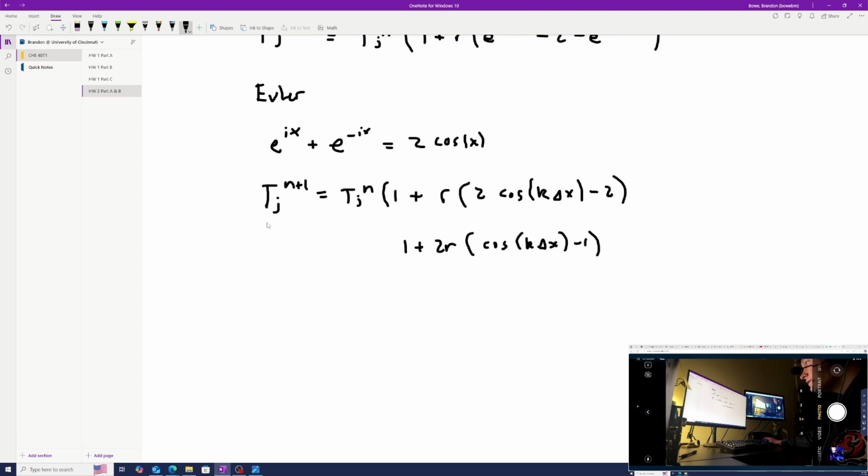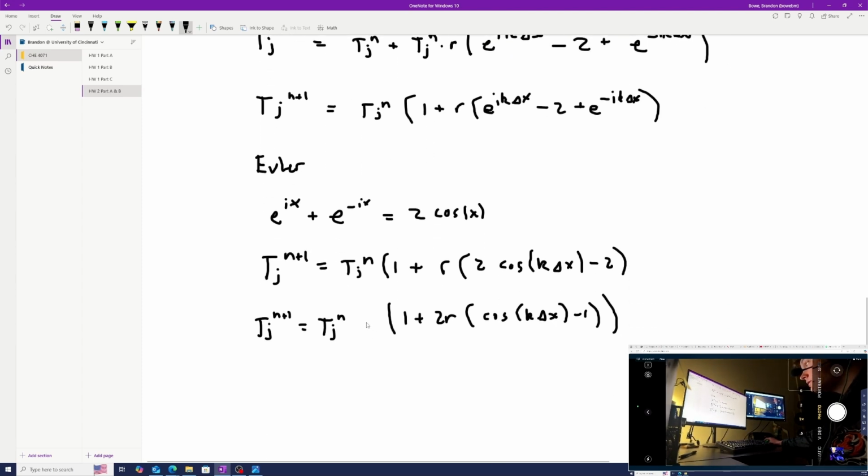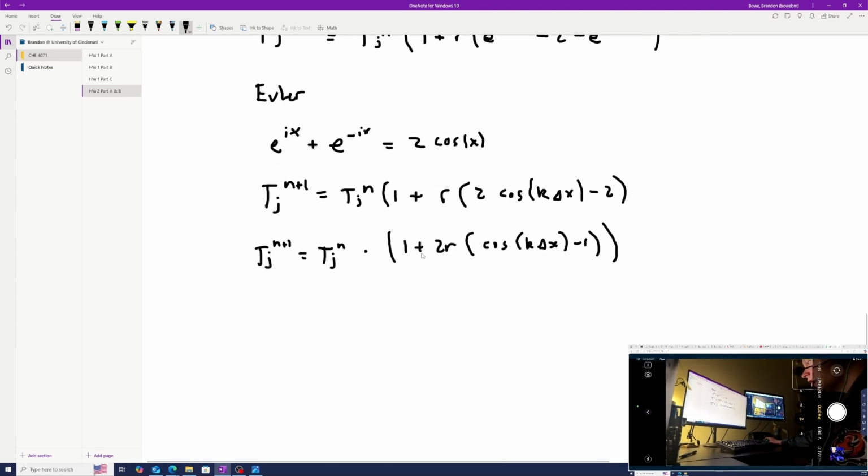And this is important because we know our next step in time for our temperature at our current position is equal to our current position times our (1 plus 2r (cosine k delta x minus 1)).